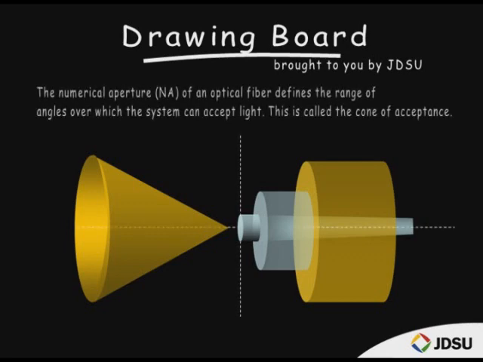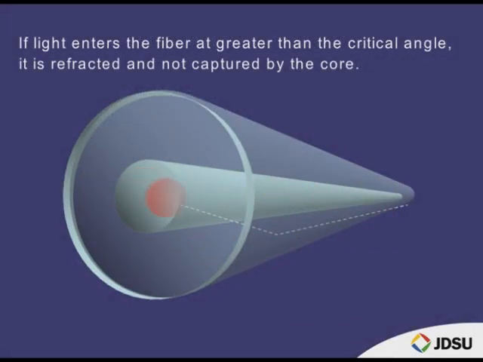The numerical aperture of an optical fiber defines the range of angles over which the system can accept light. This is called the cone of acceptance. If light enters the fiber at greater than the critical angle, it is refracted and not captured by the core.